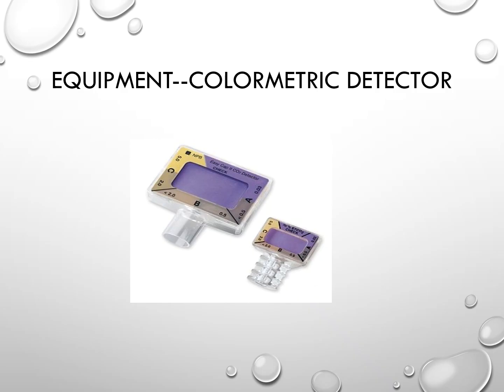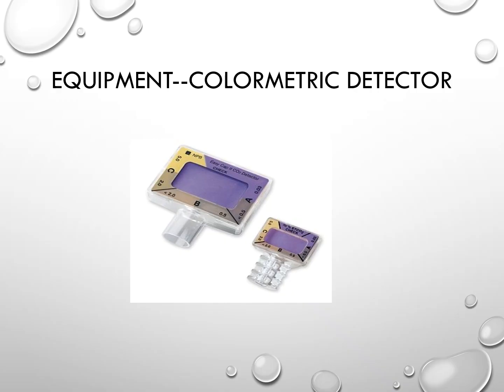And this is an image that shows you what they can look like. The larger one there, they are age specific, is for an adult. The smaller one is for a younger pediatric patient or a neonatal patient. And again, you will see that color change. There's actually a guide around the perimeter of the indicator to give the clinical team an idea of the color change and what it means in terms of the ranges of end-tidal CO2 that it's measuring.